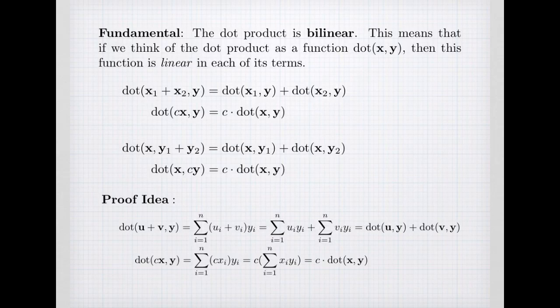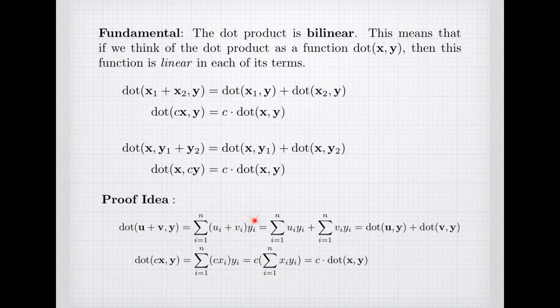So here I'm thinking about this first term, x1 plus x2. I'm going to have a hard time keeping track of the notation, so I'm going to change the notation a little bit. Call it the vectors u plus v, and I'm going to do the dot product of u plus v with y. And a dot product means I take the entries of the first vector, so this is u plus v's entry, multiply by the entries of y, and I'm going to add those up.